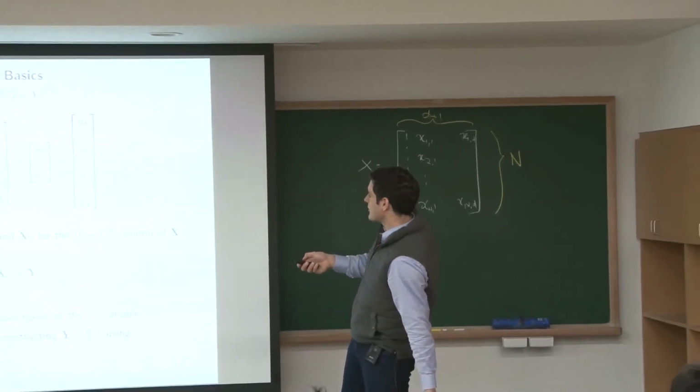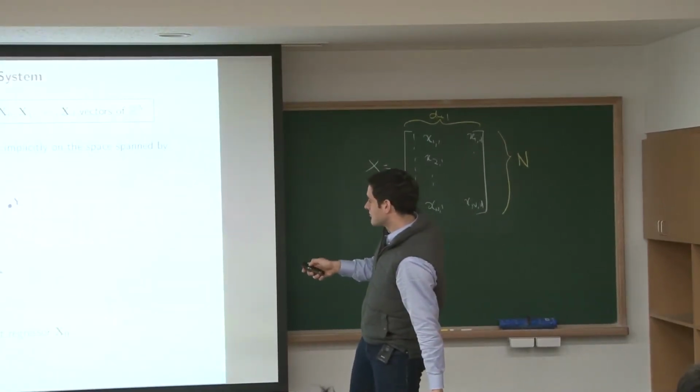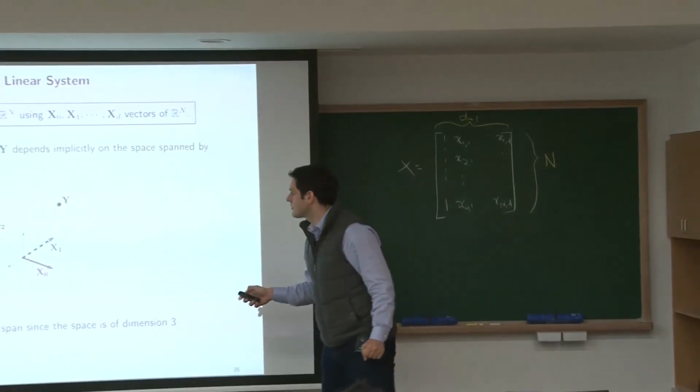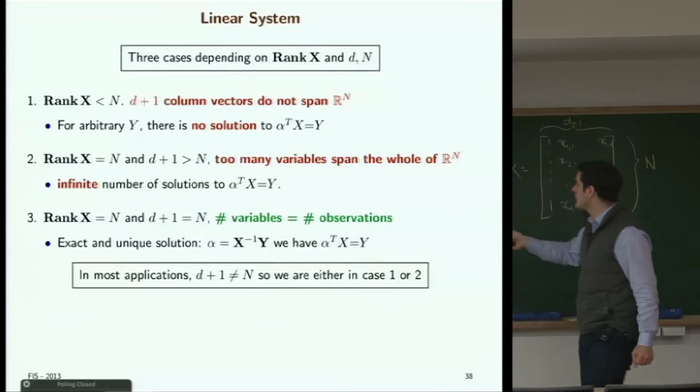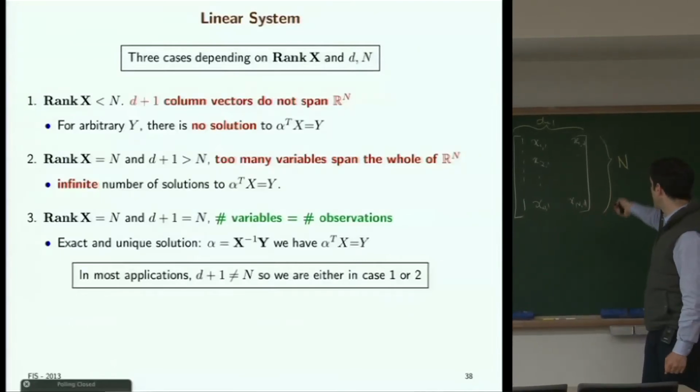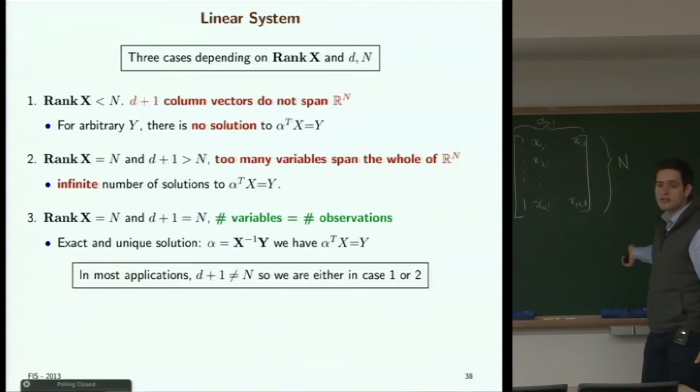I don't know exactly what my notations are here, but I think they're probably not consistent with my first notation. So we have d plus 1 column vectors, and they live in R^n.